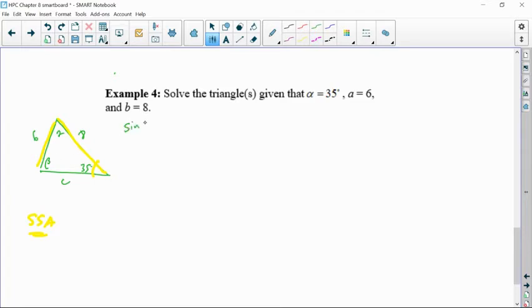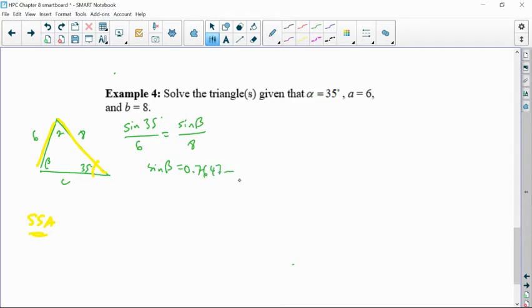So sine of 35 degrees compared to 6 is equal to sine of beta over 8. Okay, so I'm going to cross multiply, and notice I'm going to have to introduce the inverse sine function. So 8 times sine of 35 divided by 6. So I'm getting a ratio, the sine of beta is equal to 0.7647.